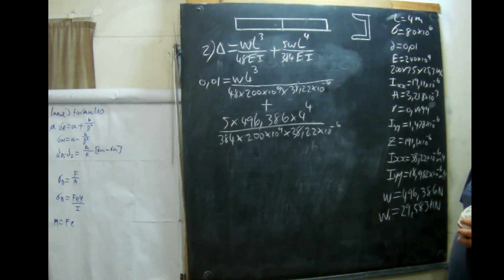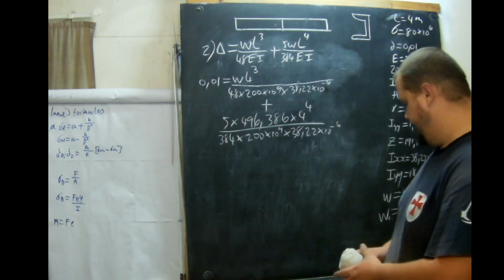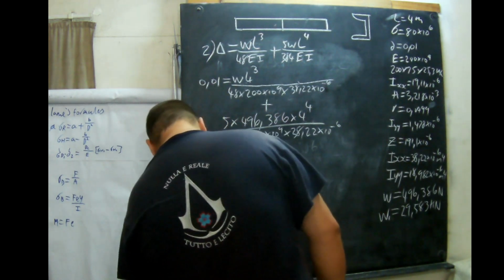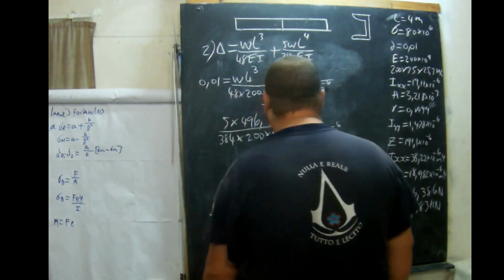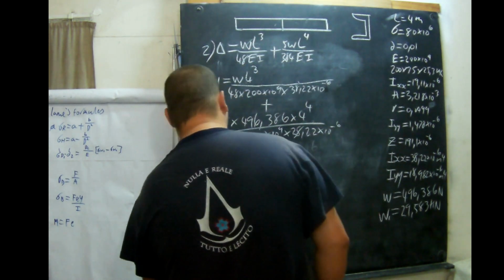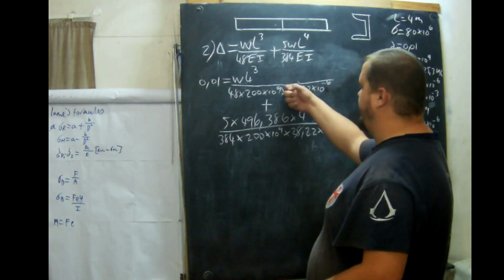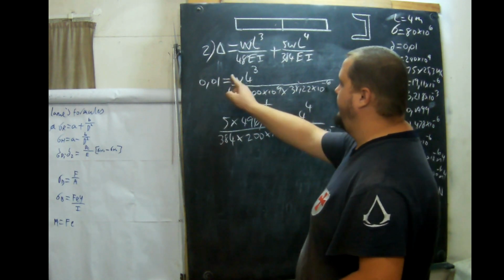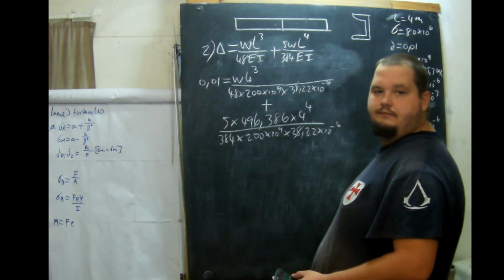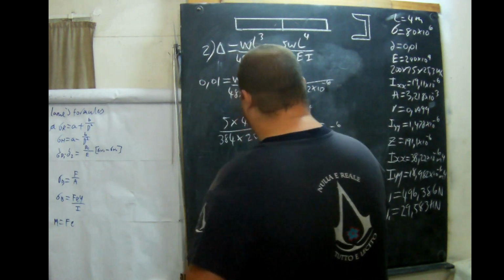Now we're going to work out for W. Okay. Now how we do that is first take this one, get it all together, take that one, get it all together, and then just swap them over. Okay, so we're going to do this one first.